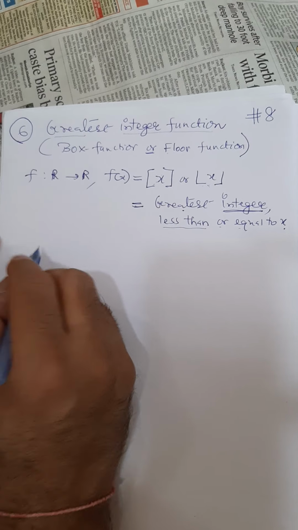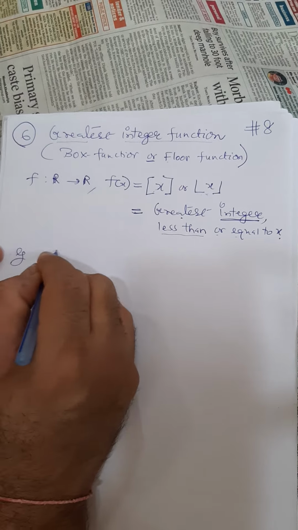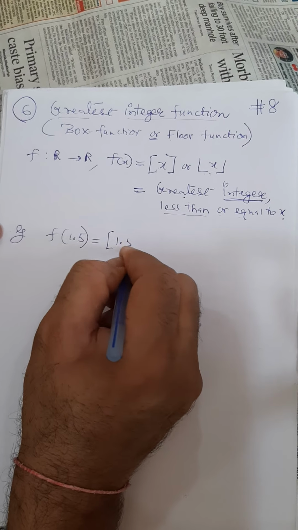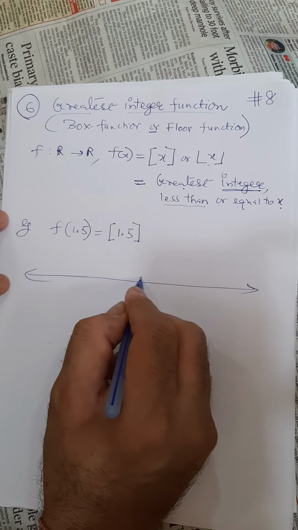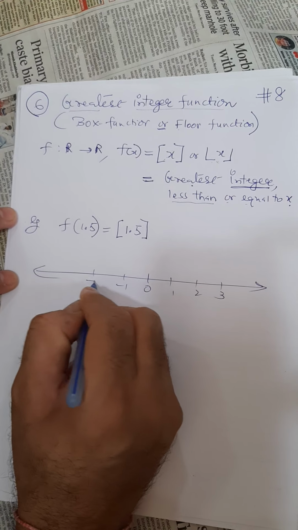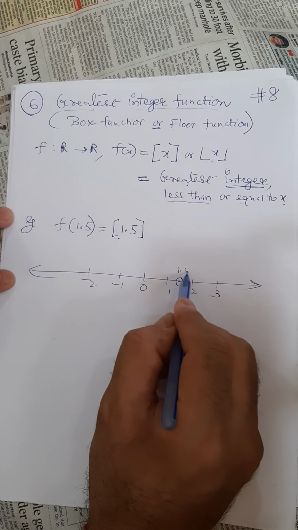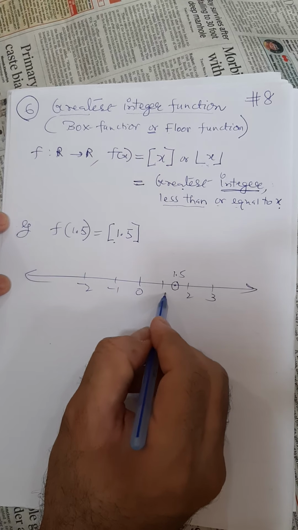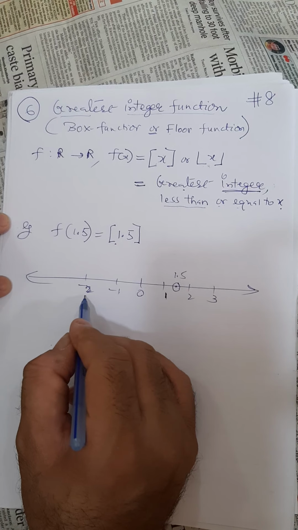So let's see the meaning of this. Suppose I want to find f of 1.5. That's box of 1.5. Now you draw the real line, you will realize further. Suppose this is 0, here 1, here 2, 3, -1, -2. Where is 1.5? Here. Now find all integers less than or equal to that number. So you know 1, 0, -1, -2 and so on.